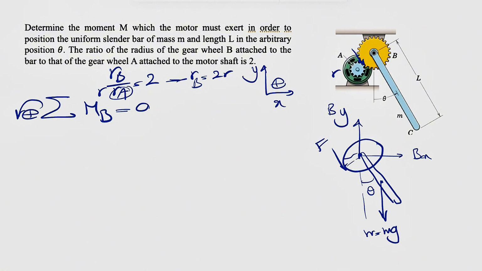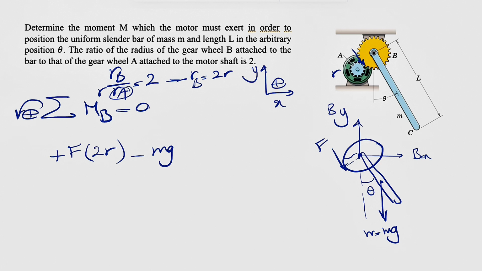So since it's counterclockwise, the moment of F will be positive, F times the radius of wheel B, which is 2R. And we're going to have the moment of the weight of the slender bar, which is going to be a clockwise moment, so negative.